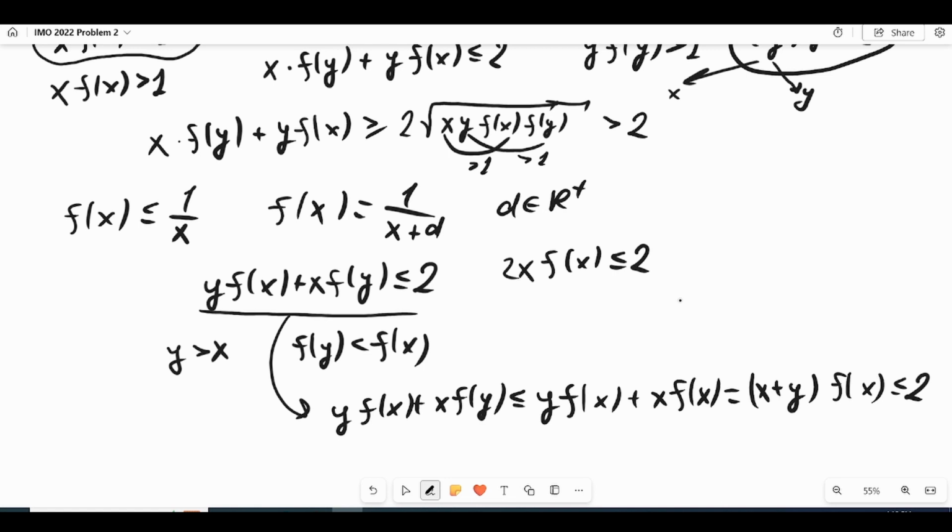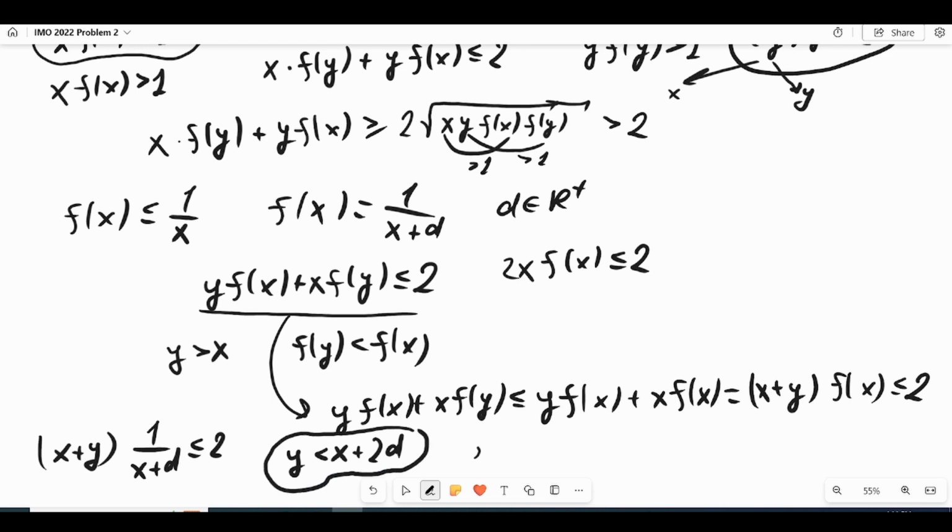Now we can write instead of f(x) 1 over x plus d, so x plus y times 1 over x plus d must be less or equal to 2. And because we know that d is a positive real number, if we take y less or equal to x plus 2 times d, clearly all such y satisfy this condition.